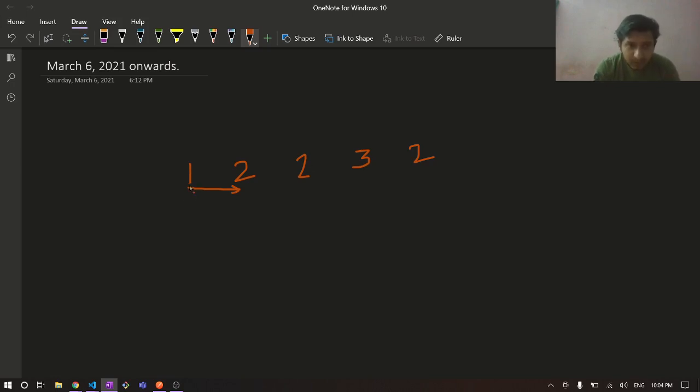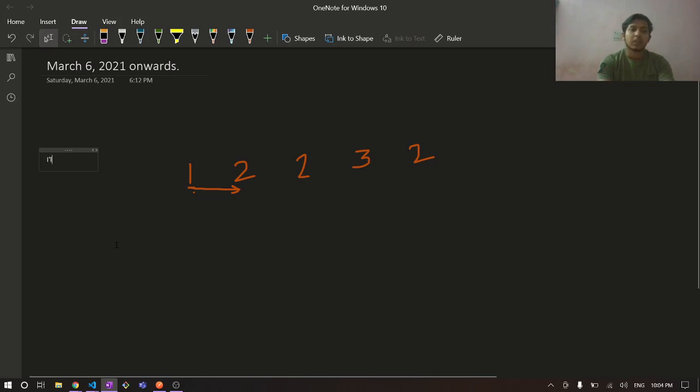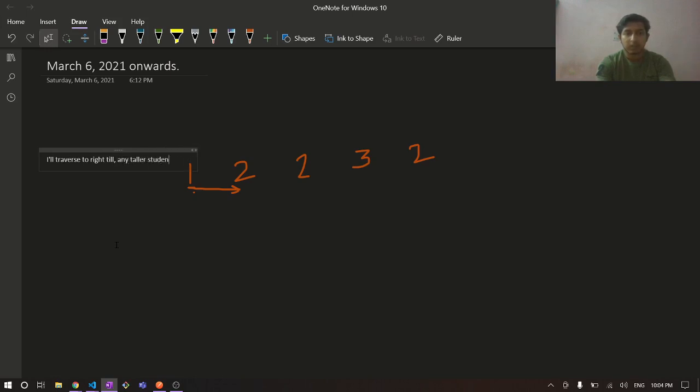So here I'll make simple conclusions by understanding it. Simply, I'll traverse to the right till any taller student is encountered. Simple. This is observation number 1.